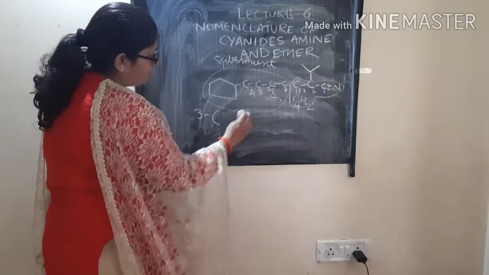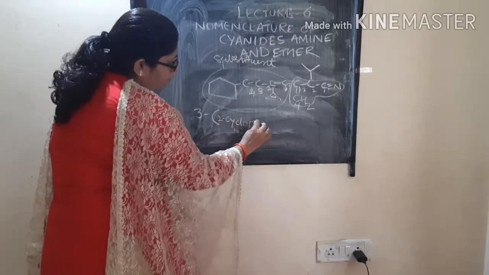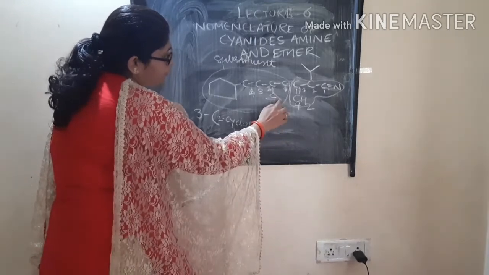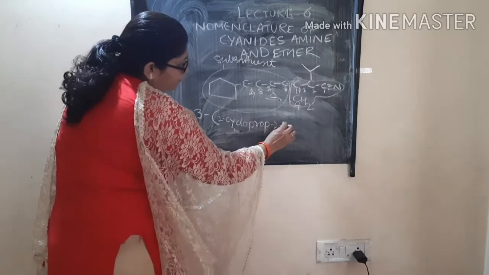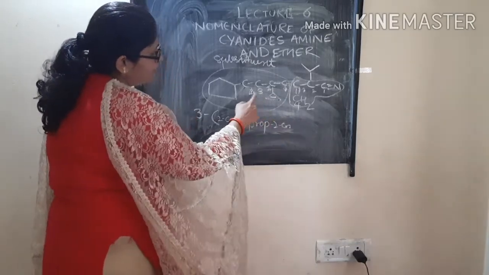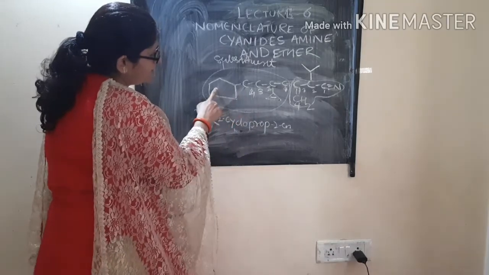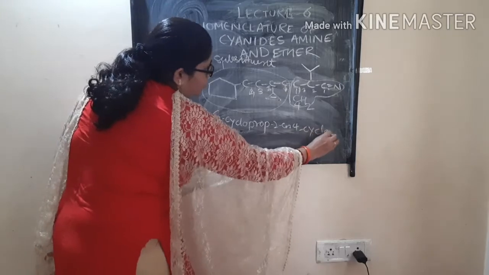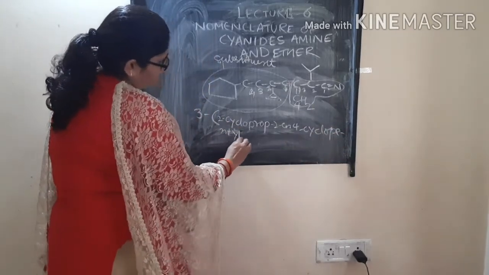So it will be 2-cycloprop, 1, 2, this will be the first, second, 2-ene. Then at the fourth position you have a cyclopentyl ring, 4-cyclopentyl.